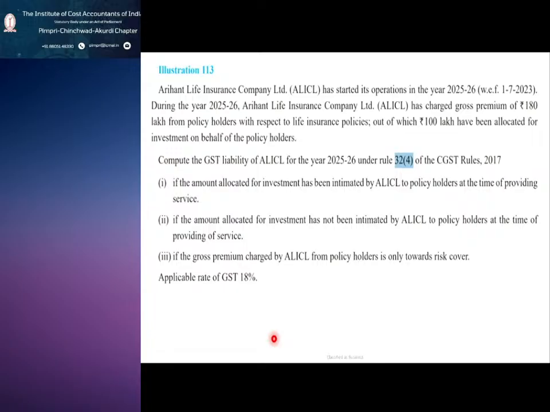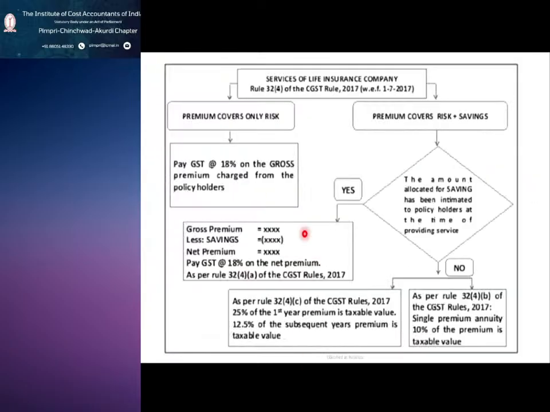If the intimation is provided by the agent or insurance company to you, then we go with this option. You got information from the insurance company that the premium you are paying not only covers risk, it also includes some savings.